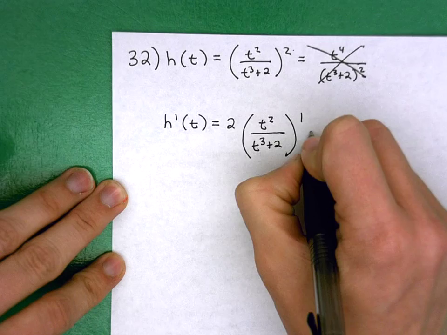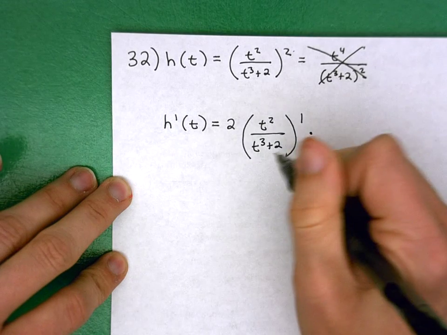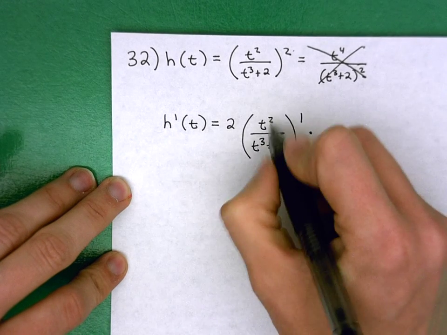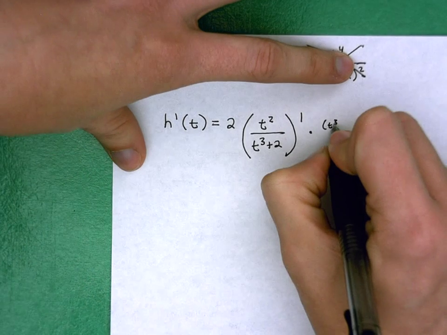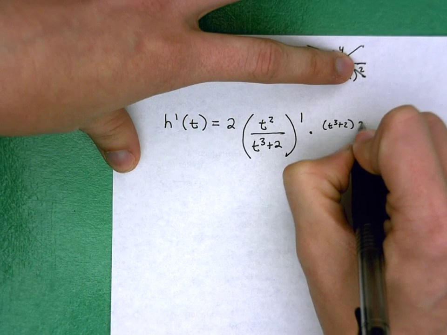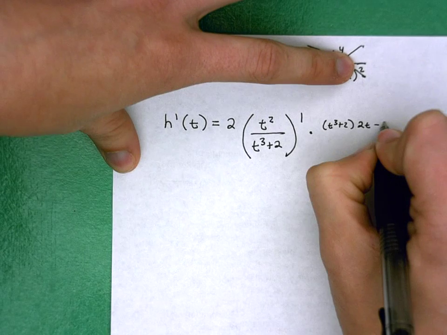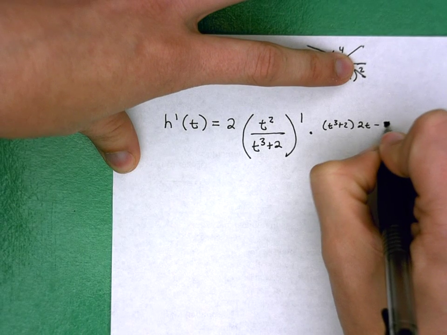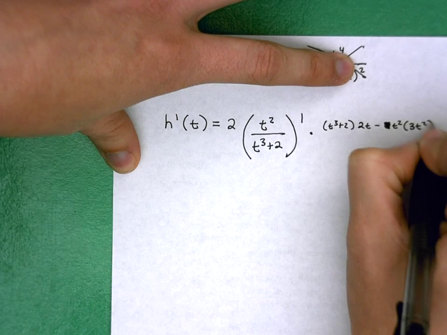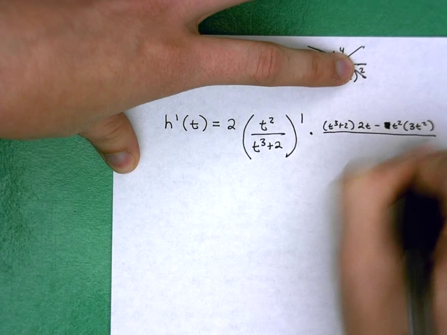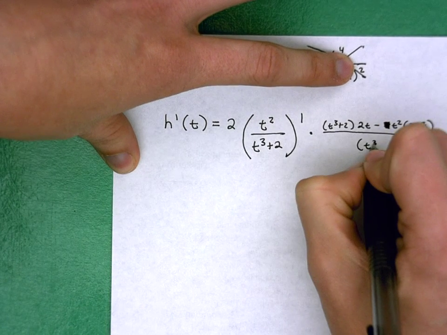After I've done that, I'm then going to multiply by the derivative of the guts, and here's where my quotient rule comes in. I have low d high minus high d low all over low squared.